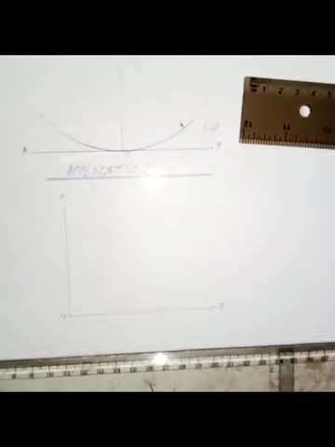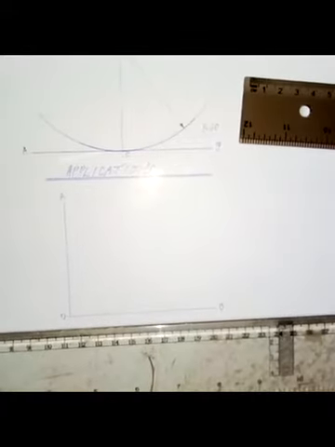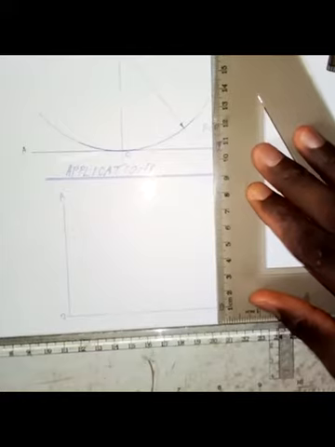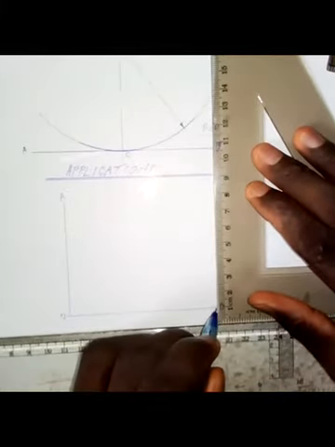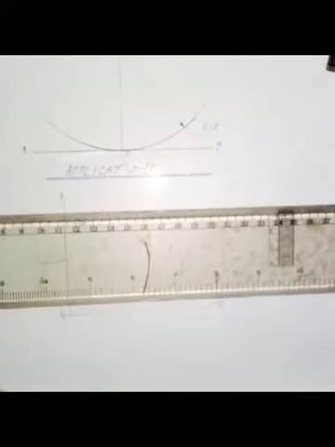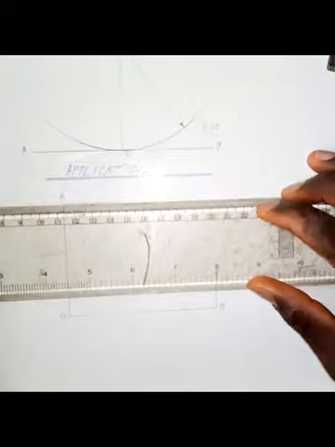Now the next thing we are going to do is take the radius of the arc that we want to use to connect these two lines together. But before that, I need to draw a vertical line at the end of this line here, and at the end of this line, at this point, I will draw a horizontal line.